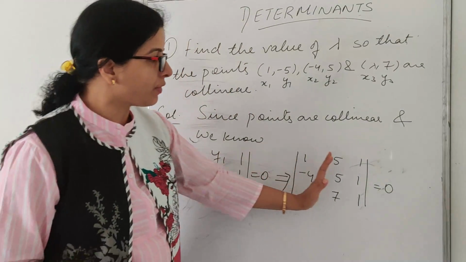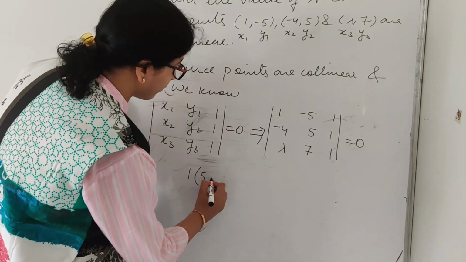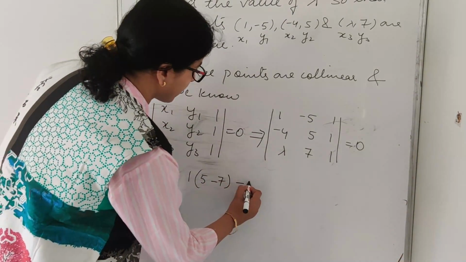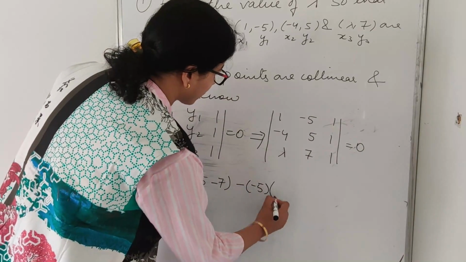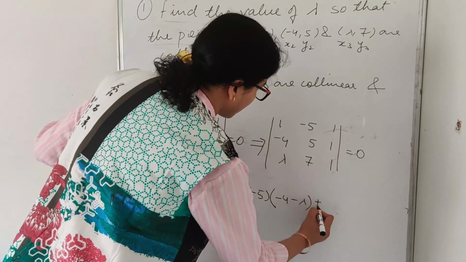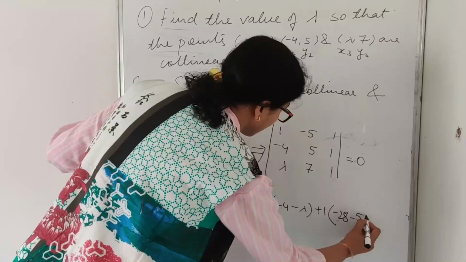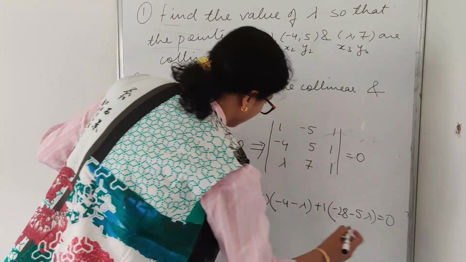Now I will find the value of this determinant. So 1 times (5 minus 7), minus of -5 times (-4 minus lambda), and plus 1 times (-28 minus 5 lambda) equals 0.